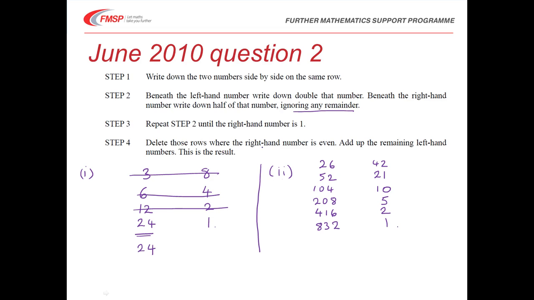Delete those rows where the right hand number is even. Well, I've got to be a bit more selective this time, so it's that because of the 42, but the 21 can stay. That goes because of the 10, but the 5 can stay. This one goes because of the 2, but the row with a 1 can stay. So I need to add up the 3 remaining numbers, and I end up with 1092.